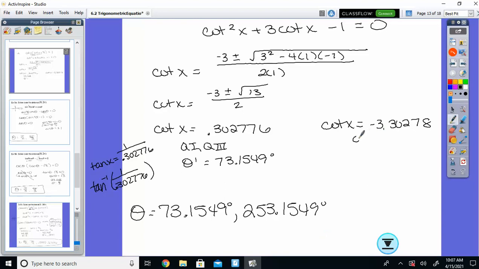This one, when is it negative? 1, 2, 4. Okay, reference angle. You need to do tangent inverse of 1 over the positives. So tangent inverse 1 over 3.30278. How would I put that in quadrant 2?